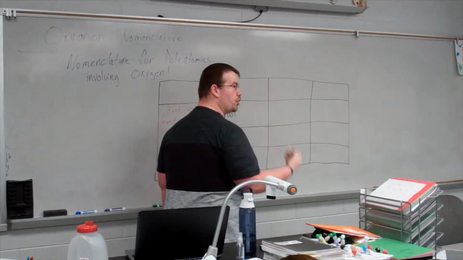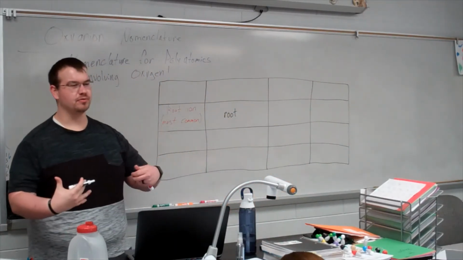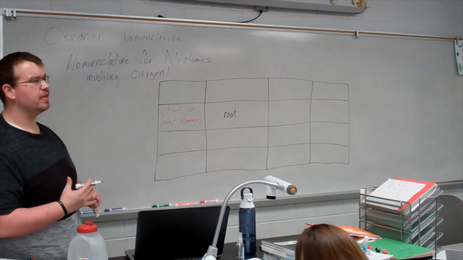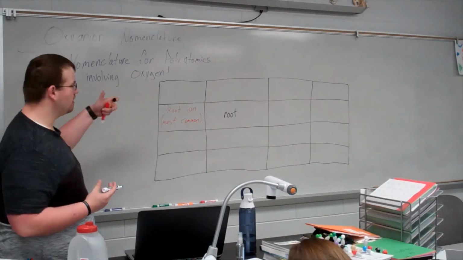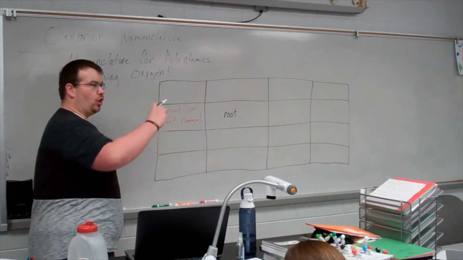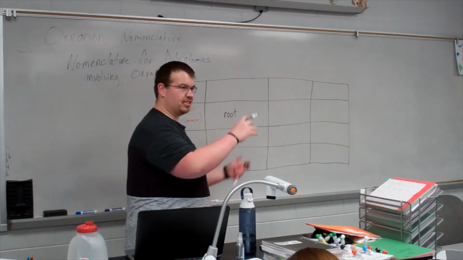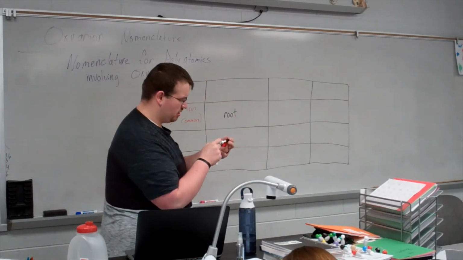So here's the thing. You have the root. When I'm saying the root, that's the root of this set of oxyanions. That also goes in that. So chlorate, chlorite: the chlor is the root.